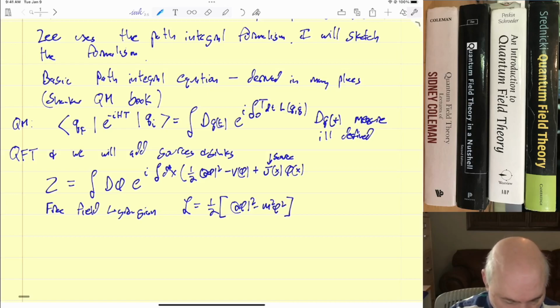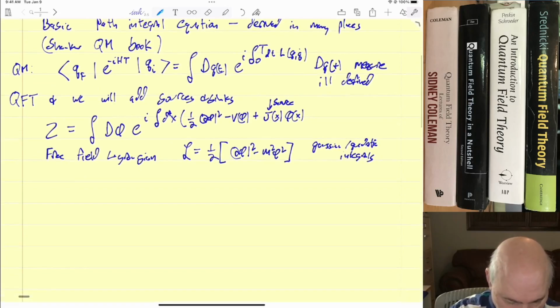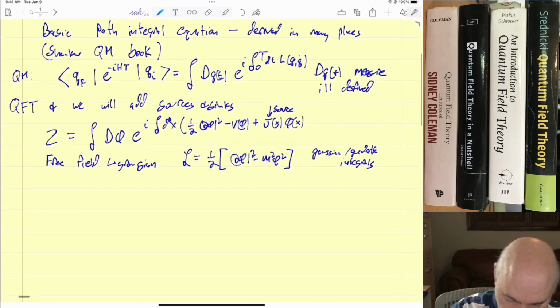This leads to the Klein-Gordon equation. And now we're going to get Gaussian or quadratic integrals, and these we can evaluate, at least formally. Let me put a star next to this one. That's one of our equations, and now we're going to get another equation.